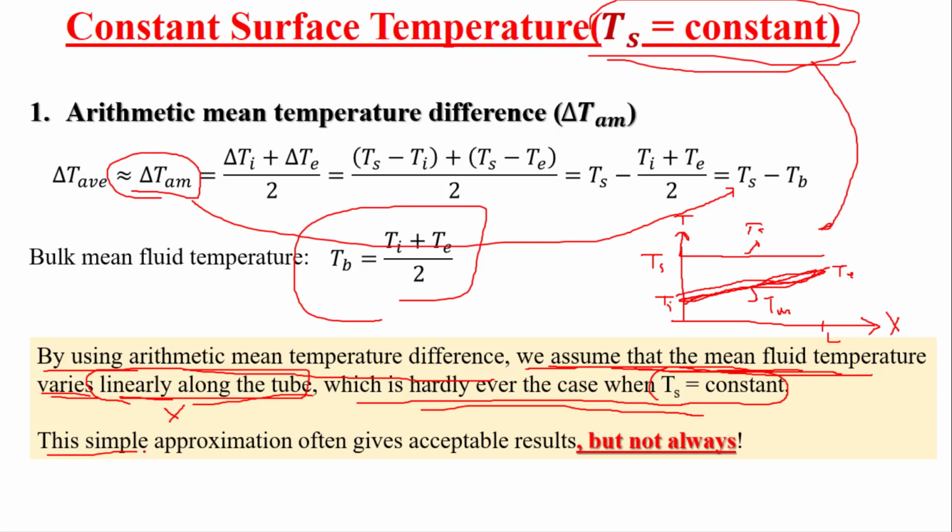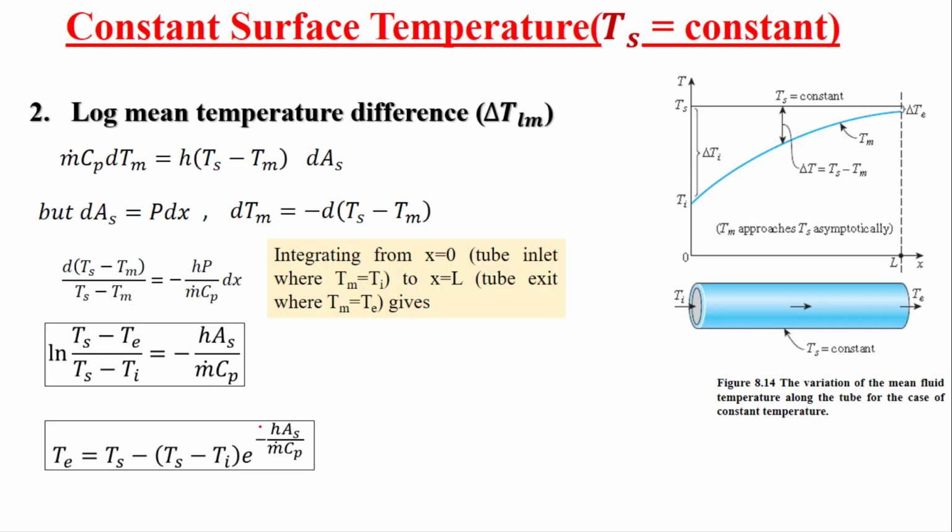Okay. This simple approximation often gives acceptable results but not always. It gives us a good indication, but with a huge margin of error. So which is correct? The correct scenario is to use the log mean temperature difference. Take a look here.